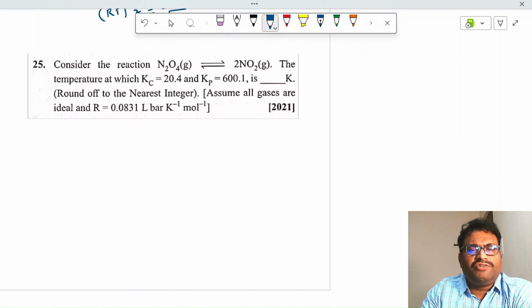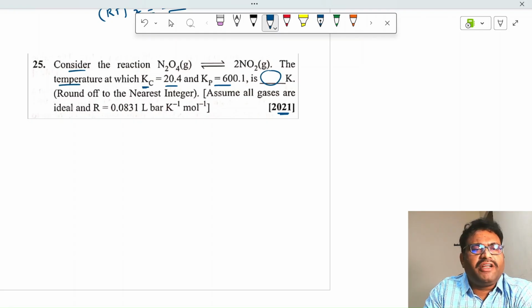So this was asked in 2021, a numerical value type question. Consider the reaction N2O4 gives rise to 2NO2. We have Kc and Kp, and we are asked about the temperature. We know the formula Kp is equal to Kc into RT power delta n.